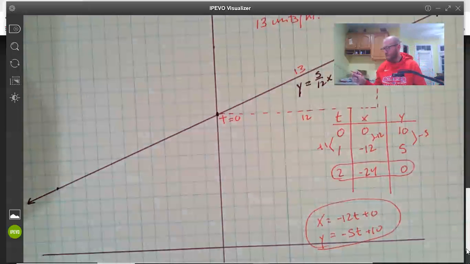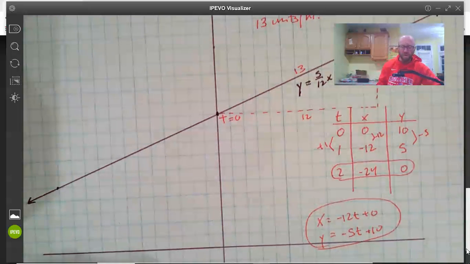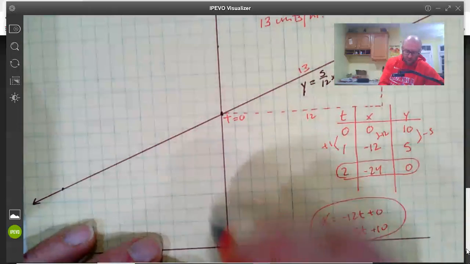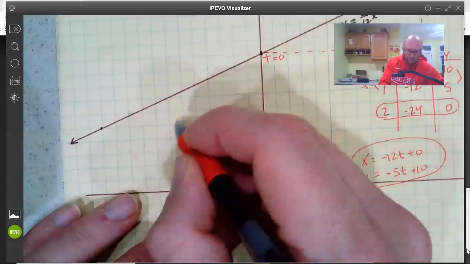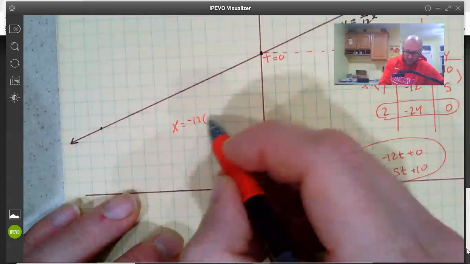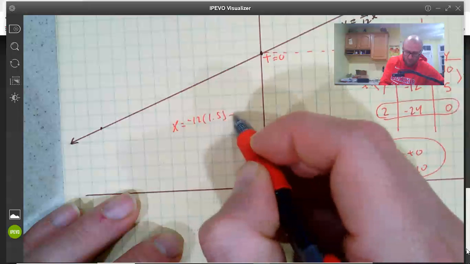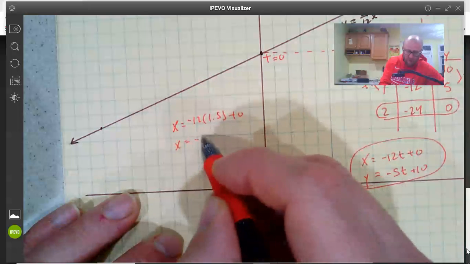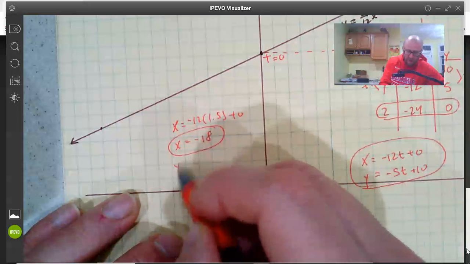Anything else we're asked about? 1.5 hours after midnight. If I wanted to know what that is, I would just plug it in. So x equals negative 12 times 1.5, that's negative 18.